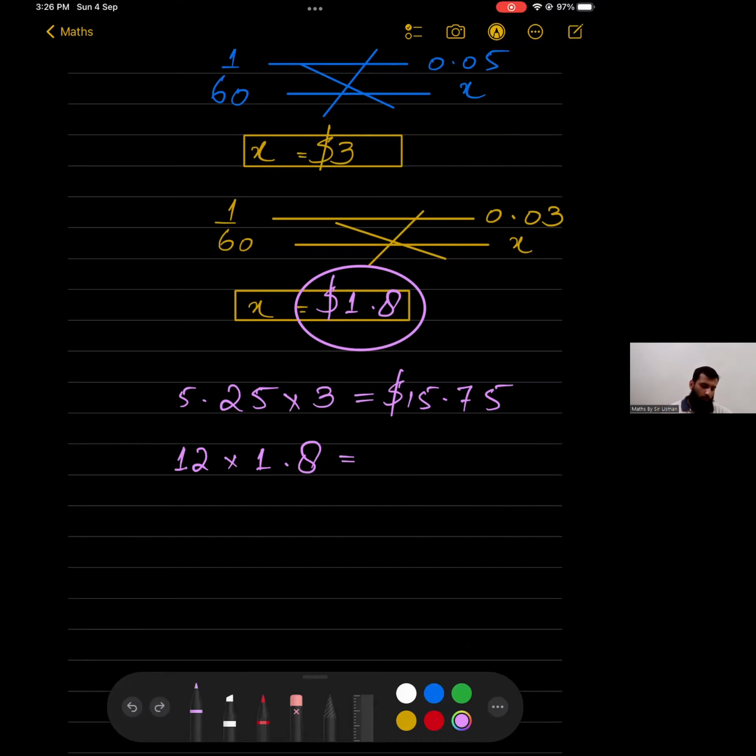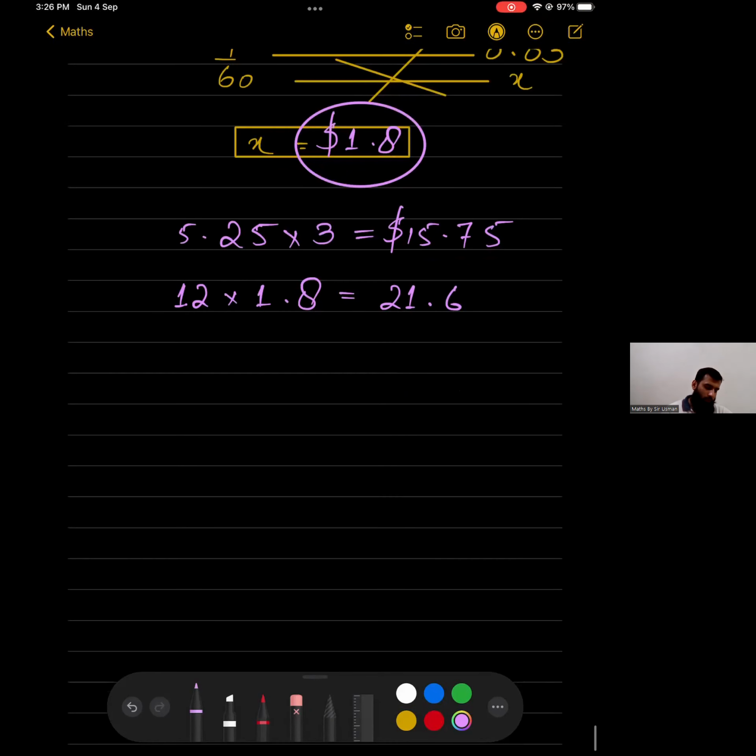Is it 21.6? Okay, perfect. So this is 21.6. Now this cost is for 1 week. ये जो टोटल कॉस्ट आ रही है हमारे पास ये 1 वीक की है. वी नीड टू एड इट अप ताकि हमारे पास वीक की टोटल कॉस्ट आ जाए.